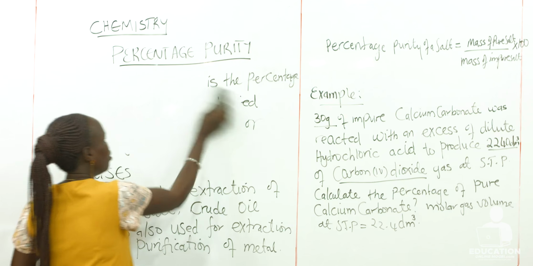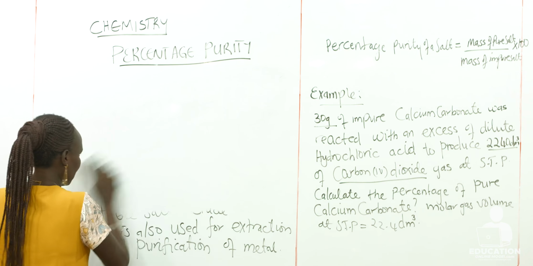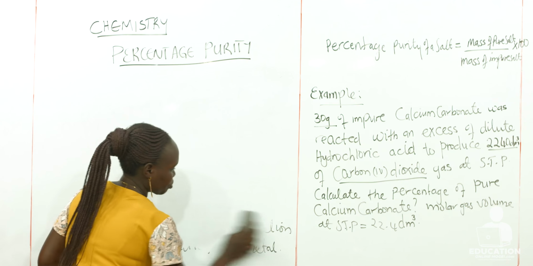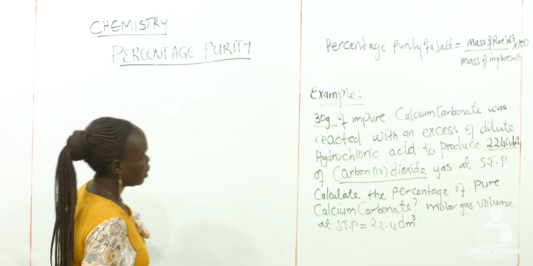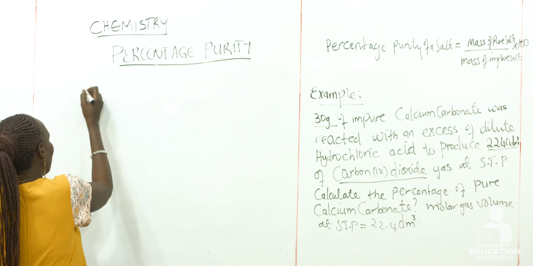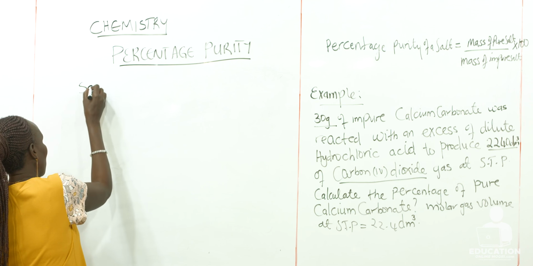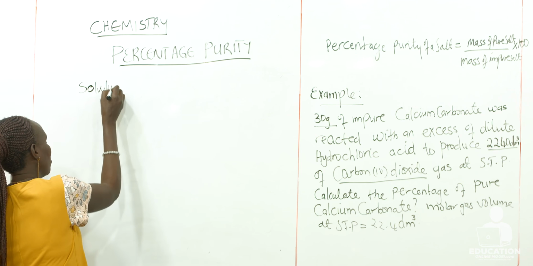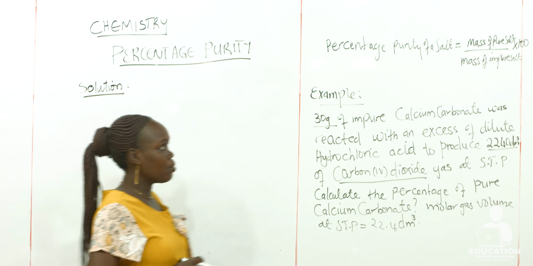So we have to go ahead and calculate the items that are required. So here the formula is, so we need to go to the solution for the problem given.